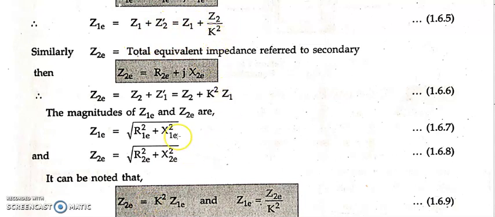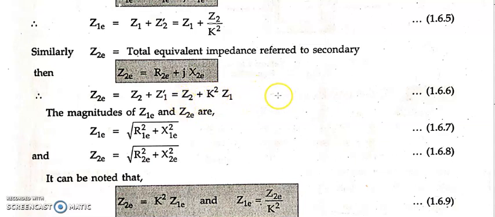By taking this into consideration. We know that Z2E is equal to Z2 plus K square into Z1. Since it is with respect to Z2E, I'm going to consider this formula. What I'm going to do is take K square as common. When I take K square as common, what do I get in the bracket?